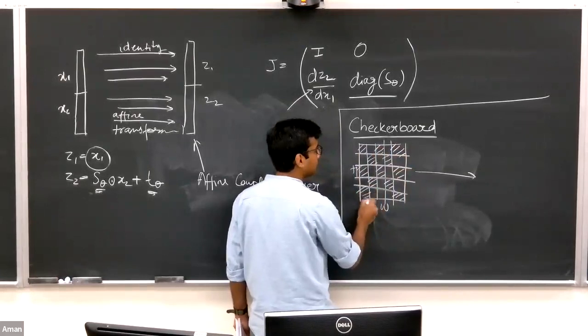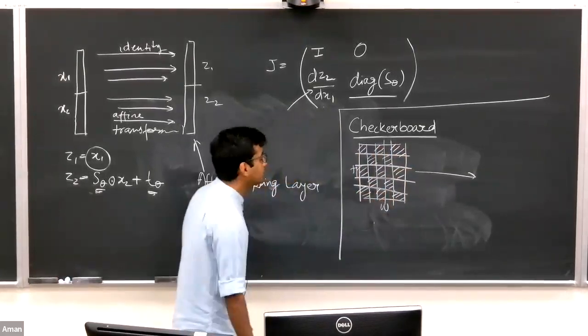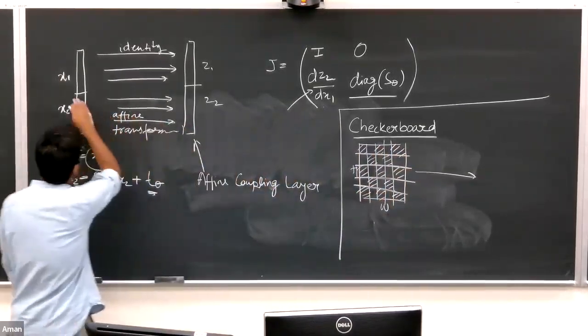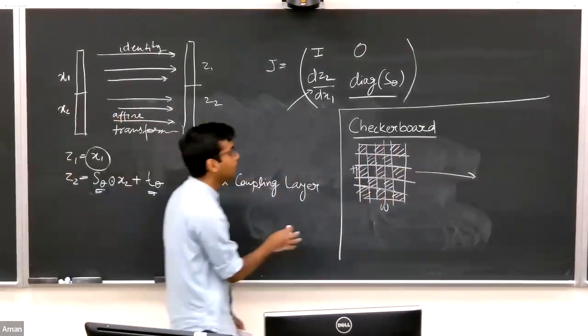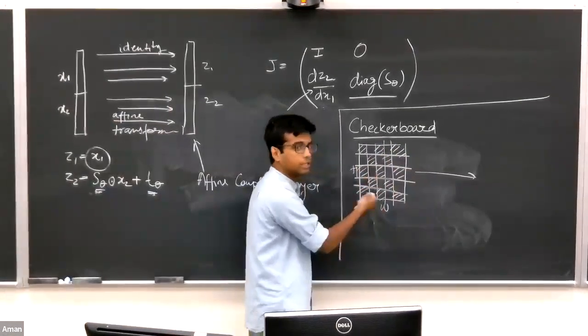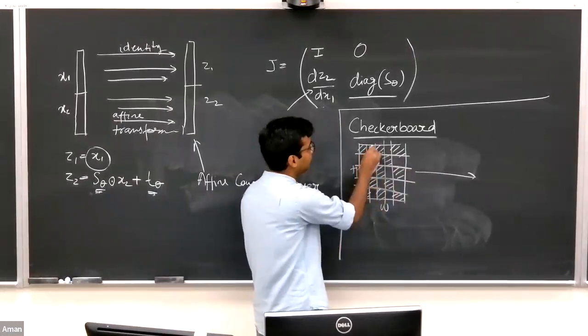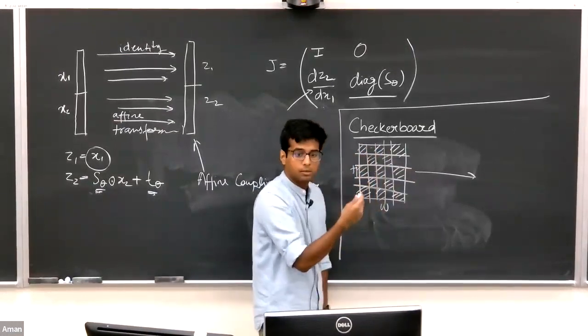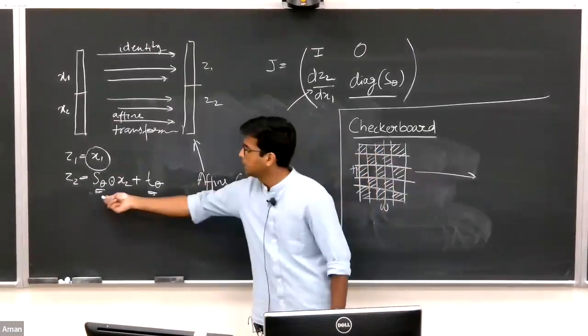is transformed, right? So instead of copying half the input like this, you copy half the image in a checkerboard pattern, and the rest of the image, which is not copied, is transformed using an affine transformation like this.